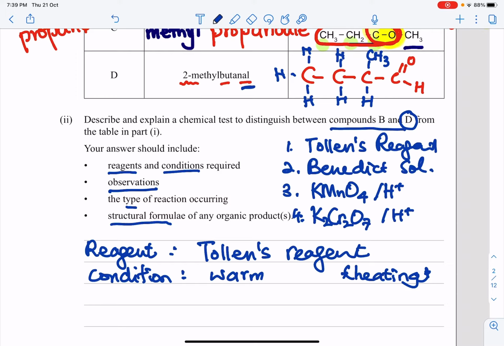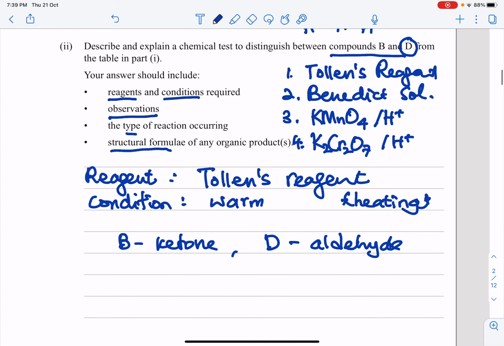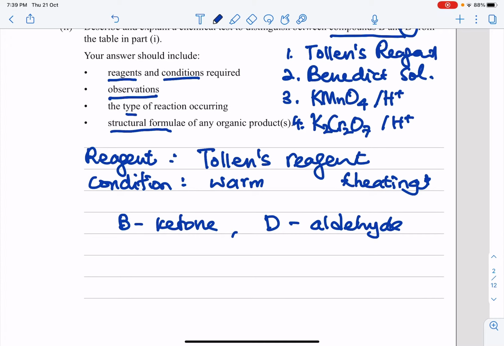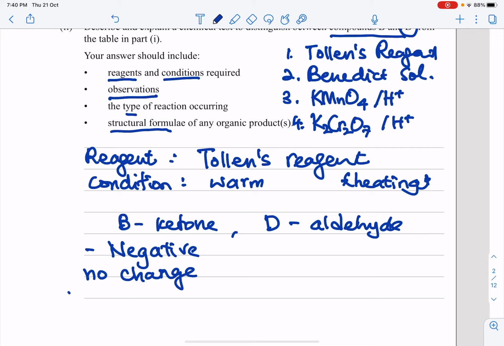Okay, and for the observation, before writing the observation, I'm going to address that B is a ketone, okay, and D is an aldehyde. And therefore the observation for B would be negative, or no change, when Tollens reagent is added.